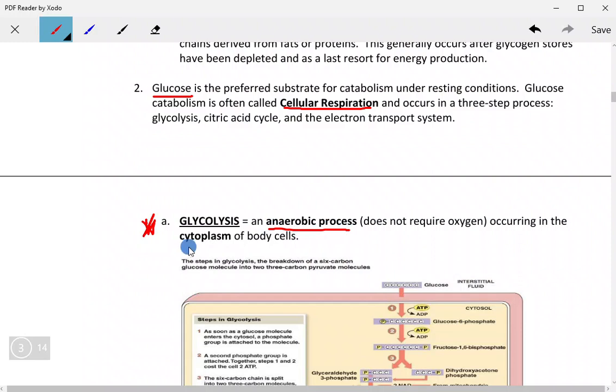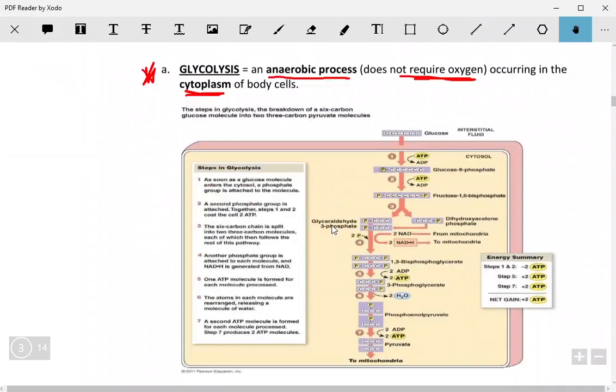It occurs within the cytoplasm of your body cells. Remember, something that is anaerobic does not need oxygen. Okay, so glycolysis, no oxygen required, occurs within the cytoplasm of our body cells.